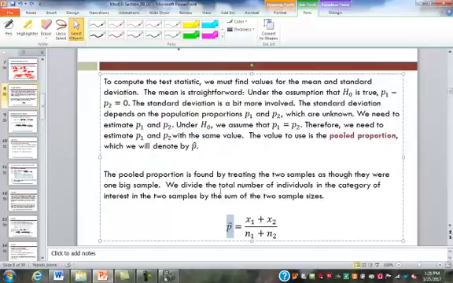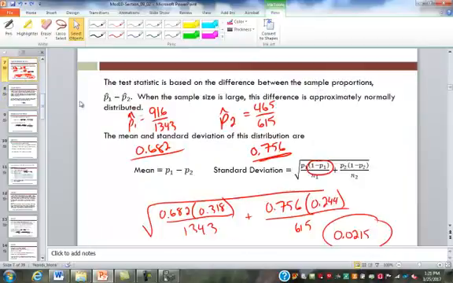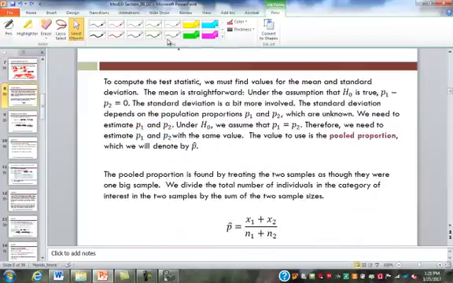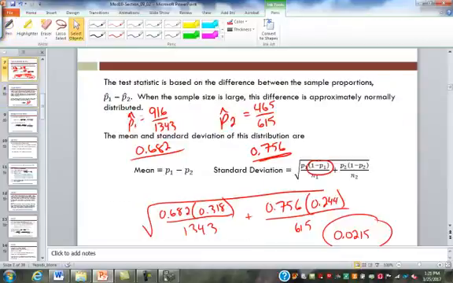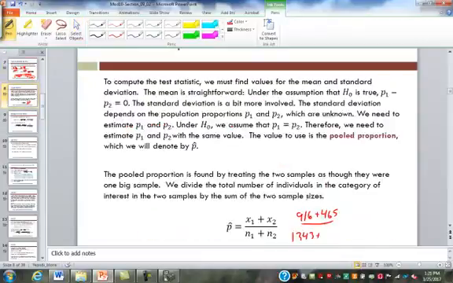So then you can do a pooled standard deviation. So for this problem, that would be 916 plus 465 over the 1343 plus, what was it, 615? Yeah, 615.